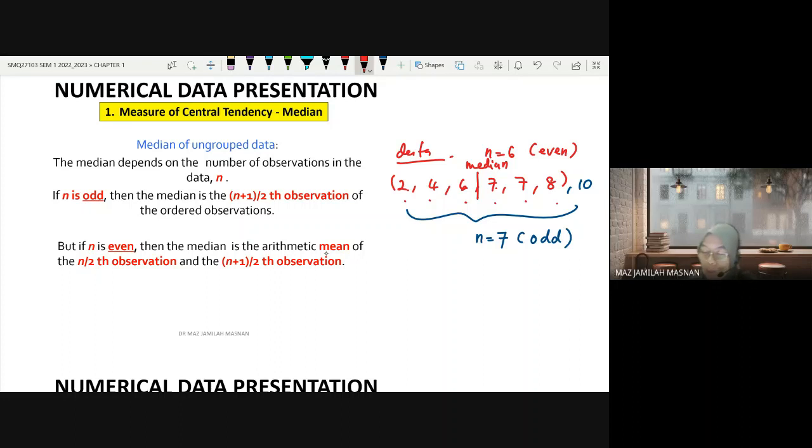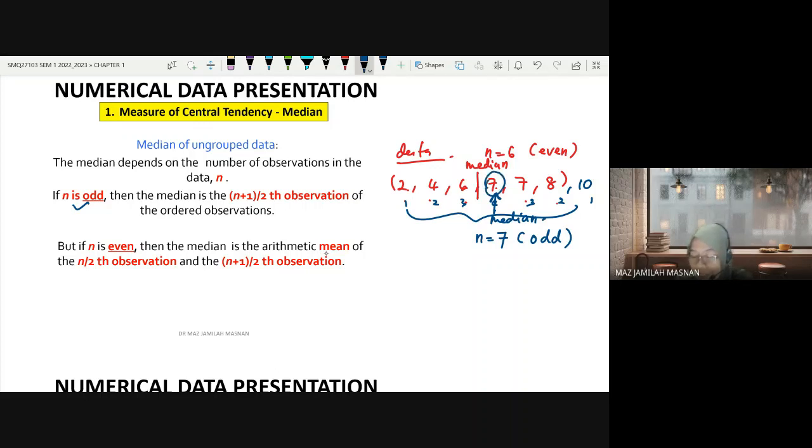What about if your data is odd? We are talking about this particular value. So 1, 2, 3, 4, and 1, 2, 3, 4. So this will be your middle value. This will be your median. So that's why, class, if your n is odd, then the median is the middle value.